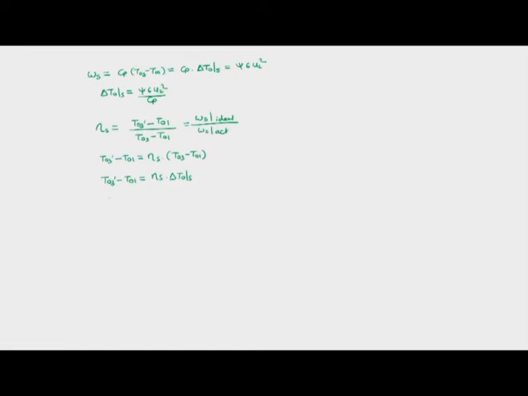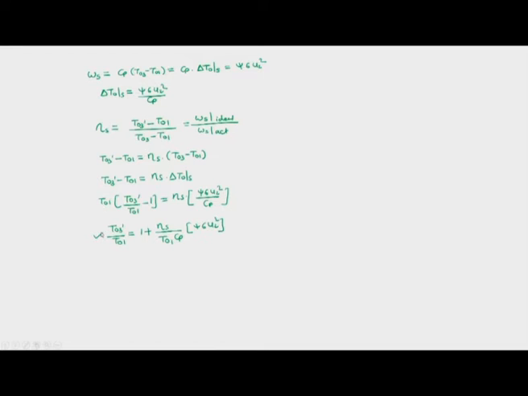Taking T01 out common, T03 dash upon T01 minus 1 is equal to stage efficiency into delta T0 stage upon T01, and we know delta T0 stage is equal to psi sigma U2 square upon Cp. So T03 dash upon T01 is equal to 1 plus stage efficiency into psi sigma U2 square divided by (T01 into Cp).